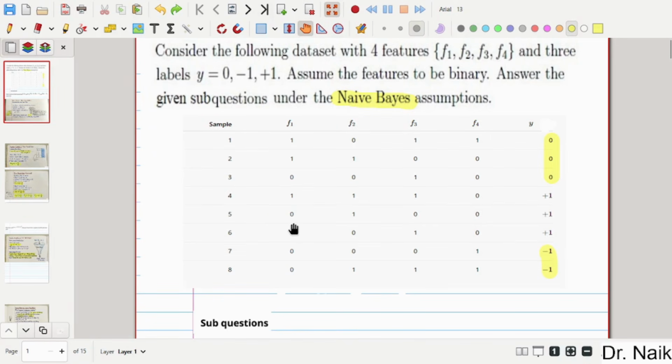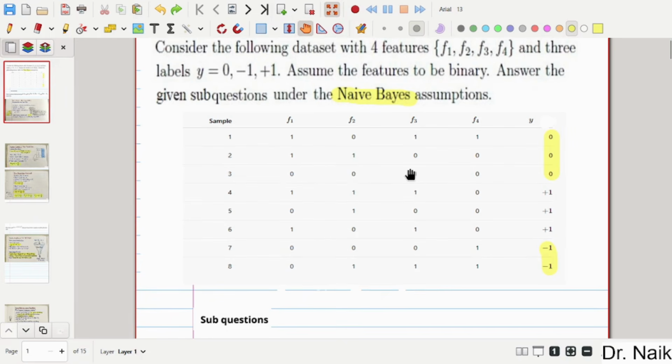Sample 5 has the features 0, 1, 0, 0 and class +1. Sample 6 has features 1, 0, 1, 0 and class +1. Sample 7 has features 0, 0, 0, 1 and class -1, and sample 8 has features 0, 1, 1, 1 and class -1. So features being binary means each feature has either value 1 or 0.